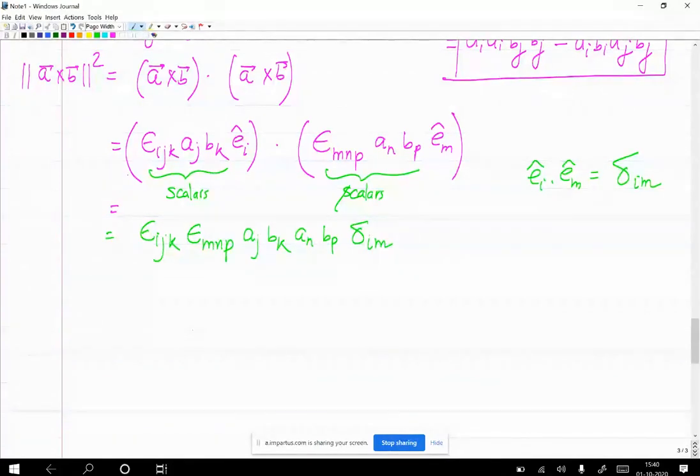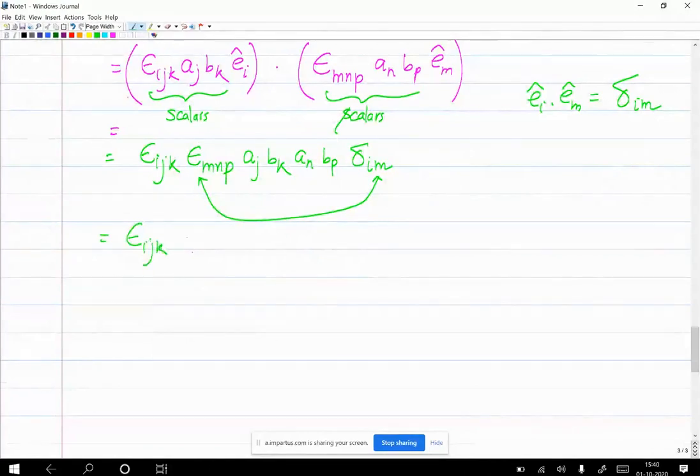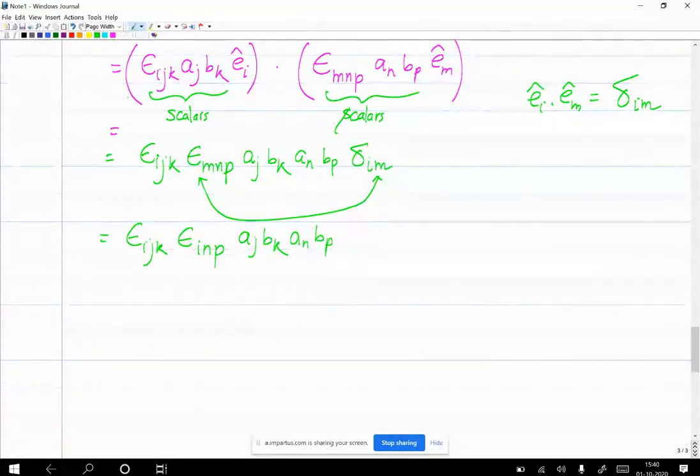Now think of, for example, this repeating index m, and you have Kronecker delta, so it is going to replace that repeating index with I. And this becomes then epsilon ijk into epsilon I n p into AJ, BK, AN, BP, right?